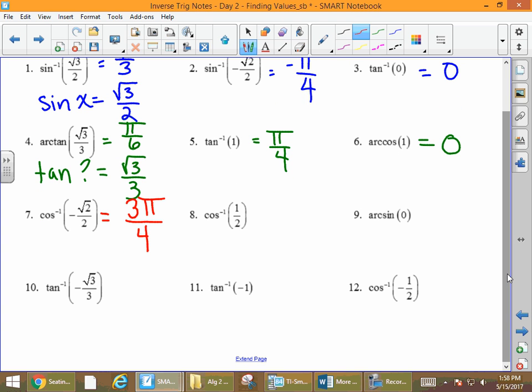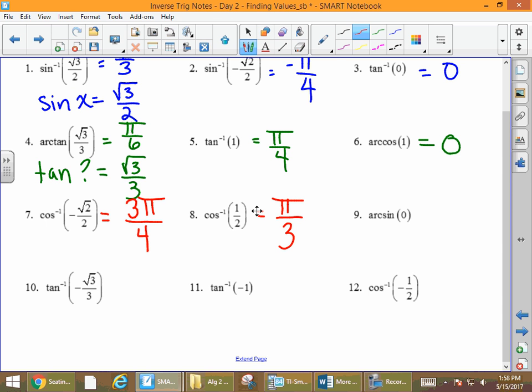So the inverse cosine of 1/2. We look at our unit circle. What angle value of cosine has a value of 1/2? The x value on our unit circle. Pi over 3. Now, back to sine.